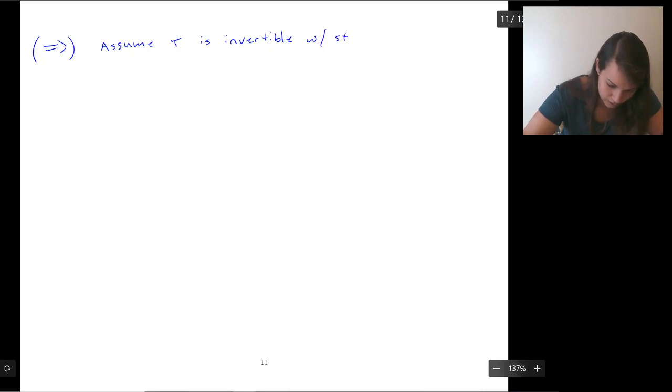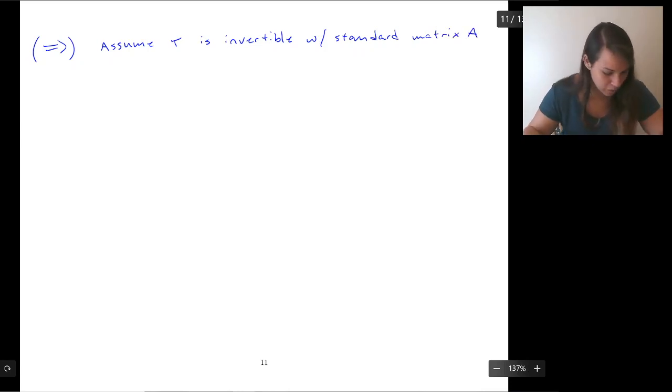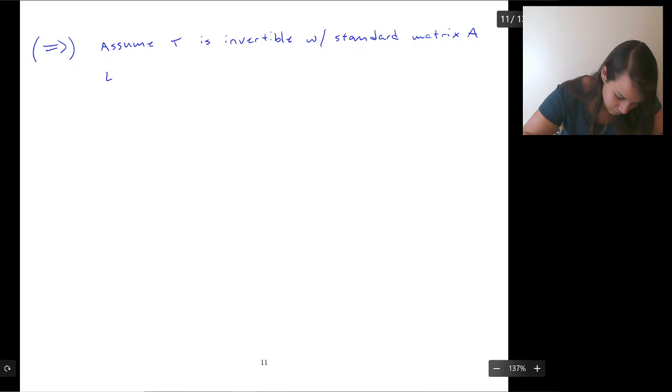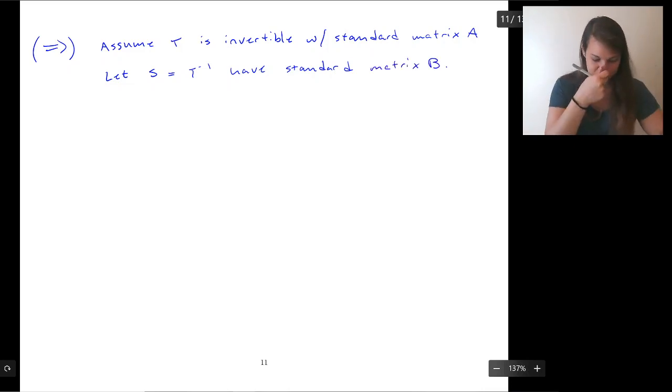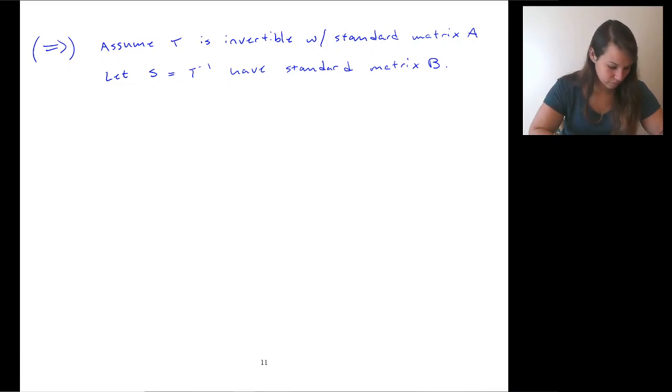With standard matrix A. So many words. Let S equal T inverse, and have standard matrix B. Okay.